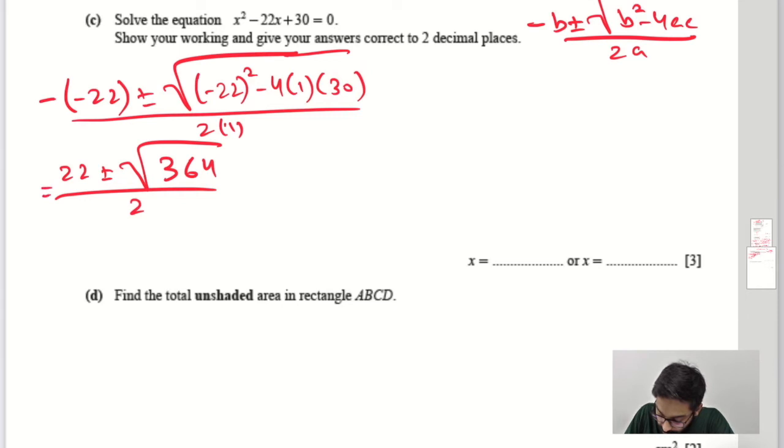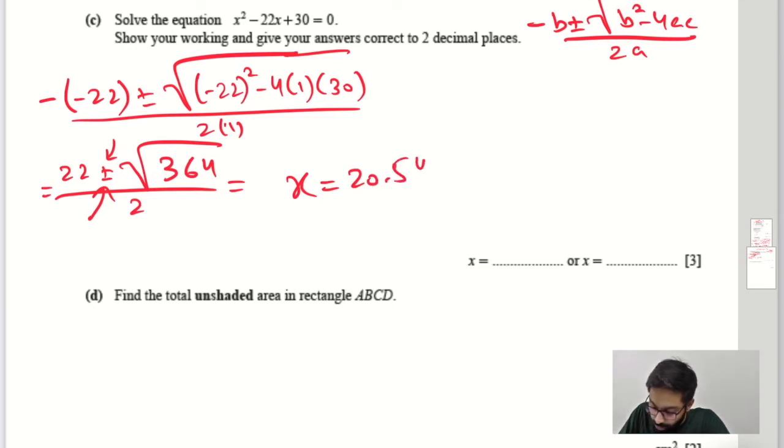And if you solve this further, you would get two values of x. One is for the positive sign over here, and one is for the negative sign over here. So let's solve for the positive one first. 22 plus under root 364 divided by 2 gives us 20.54.